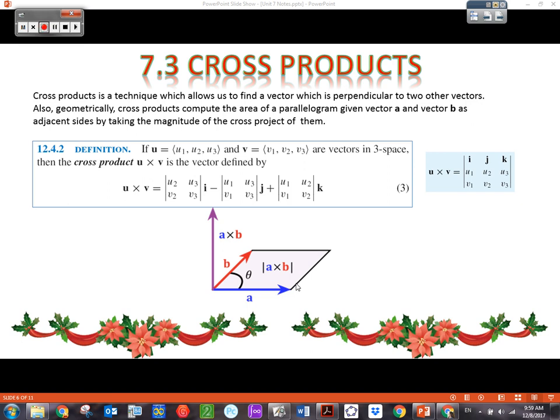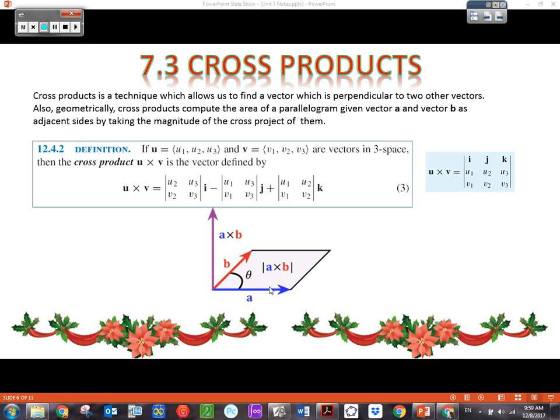I hope that we can see that, right? We would extend them out. What the magnitude of the cross product calculates for us is the area of the parallelogram. So that's a geometric use of cross products, it will actually find the area of a parallelogram that is created by two vectors.